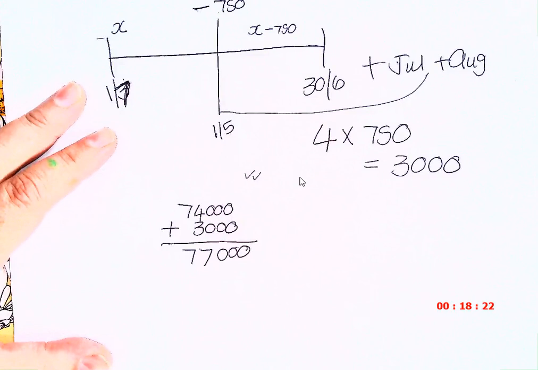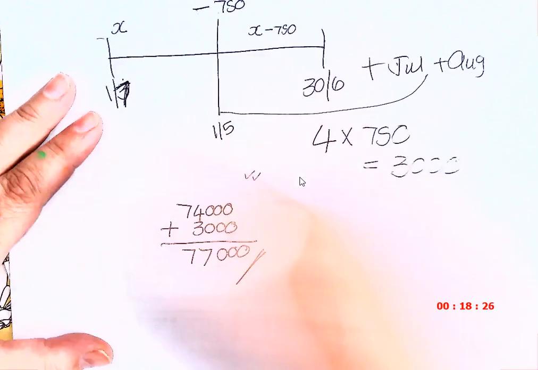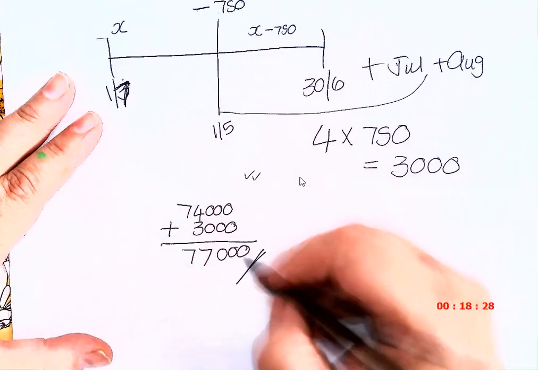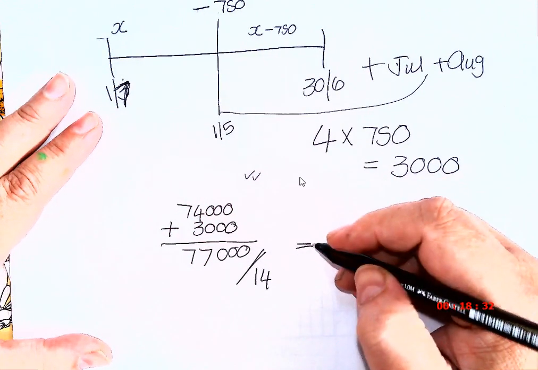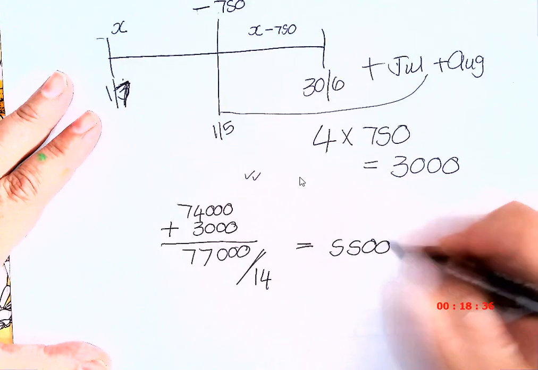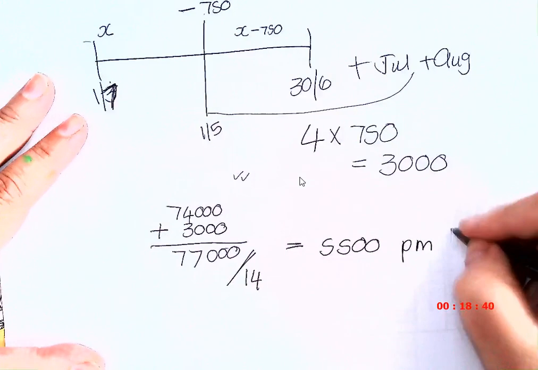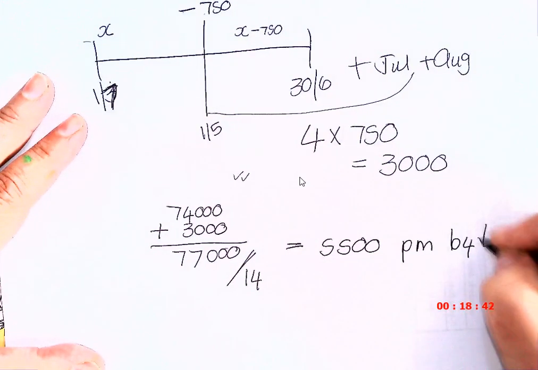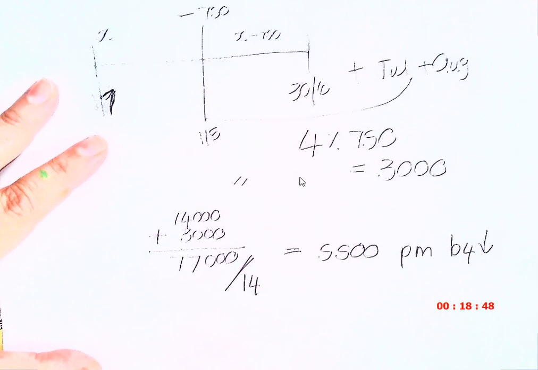Okay, 77. How many months did I receive in total? 12, 13, 14. What do I get? 5,500. So this is 5,500 per month, as if there was no decrease. This is if I didn't have a decrease.